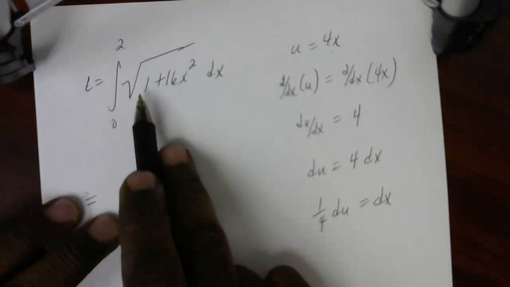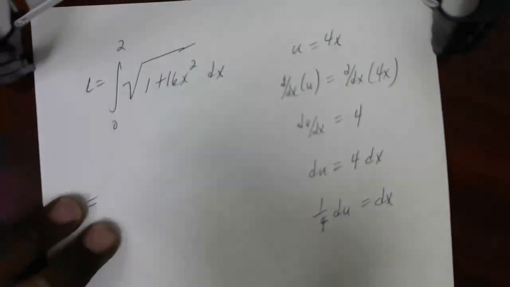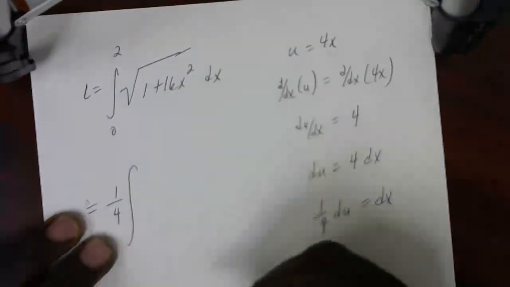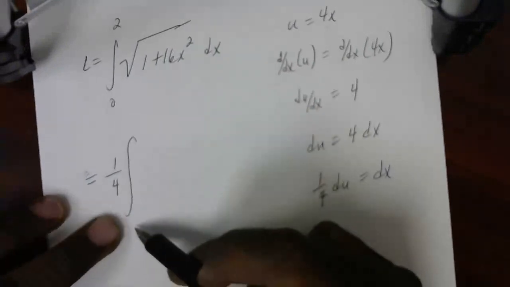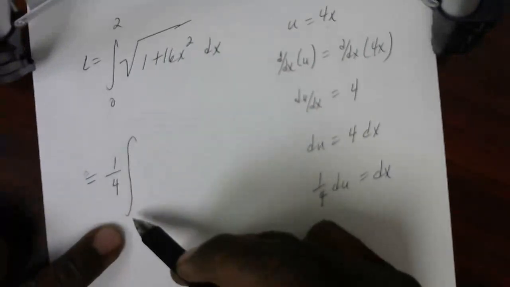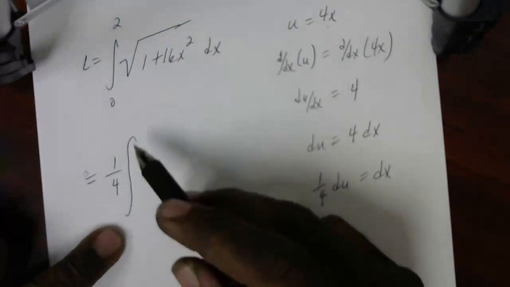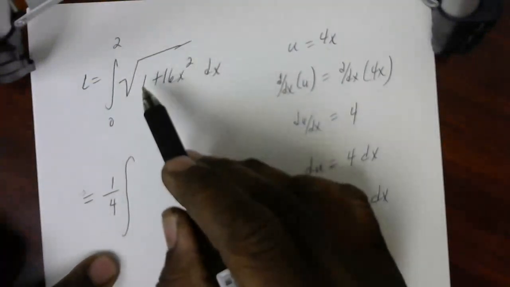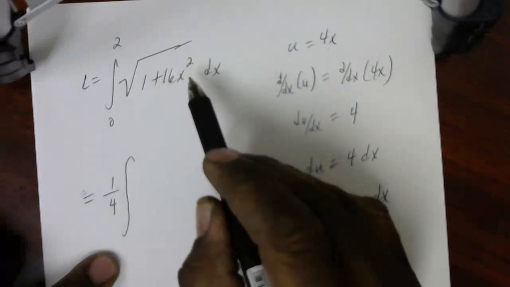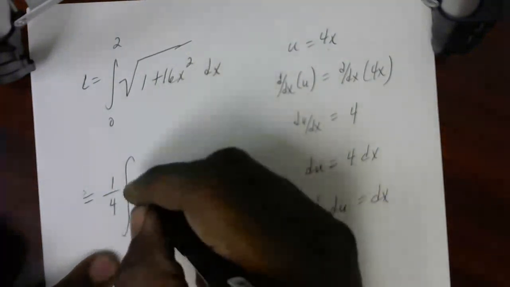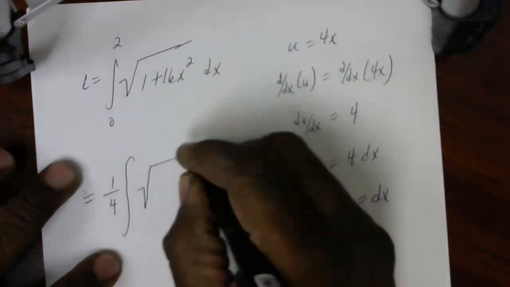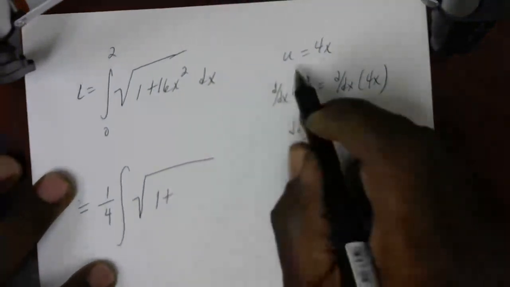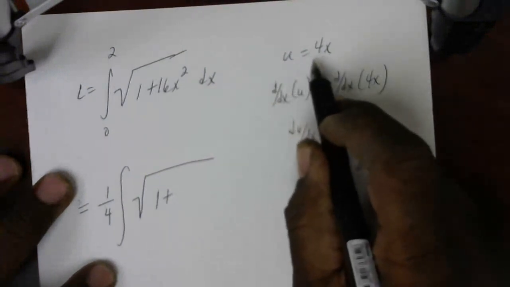I'm going to pull 1/4 in front of the integral operator. So I have 1/4 times the integral. I'm not quite going to write my limits just yet, and I'll explain why in a second. I can rewrite the square root of 1 plus 16x squared as 1 plus u squared.